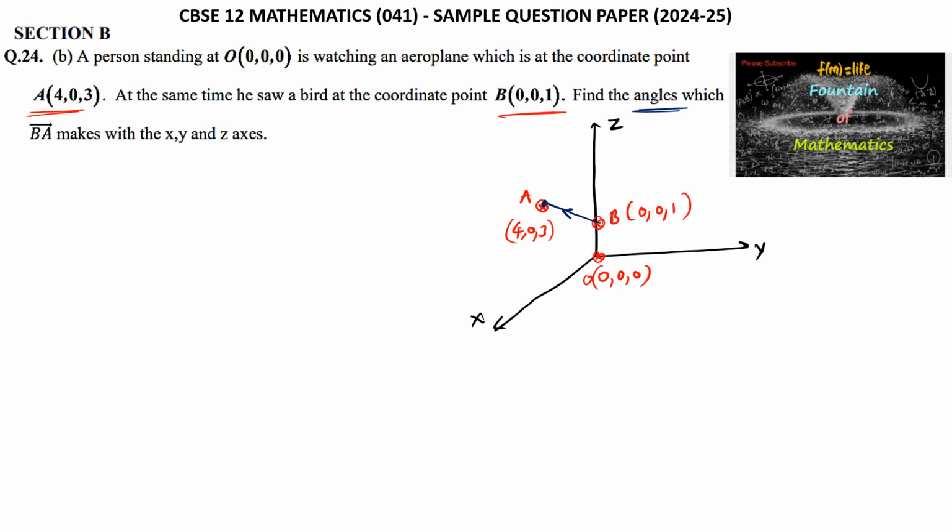So let's find the BA vector. Since OA is equal to, we can write 4i plus 0j plus 3k vector, and OB vector can be taken as 0i plus 0j plus 1k.